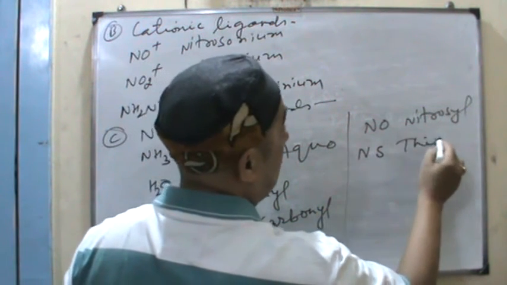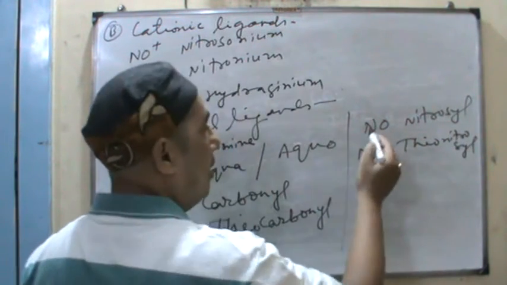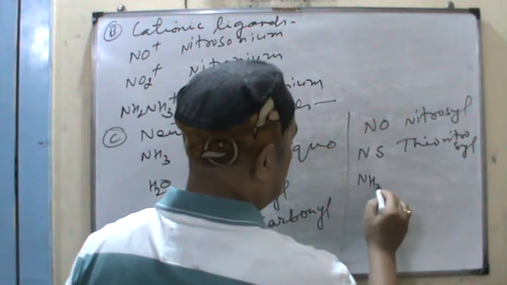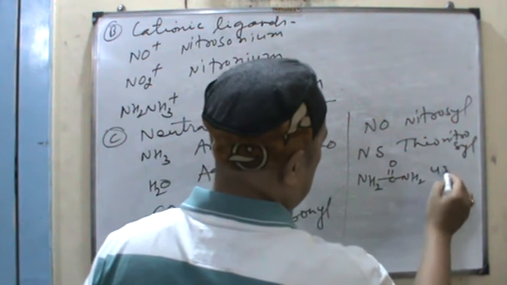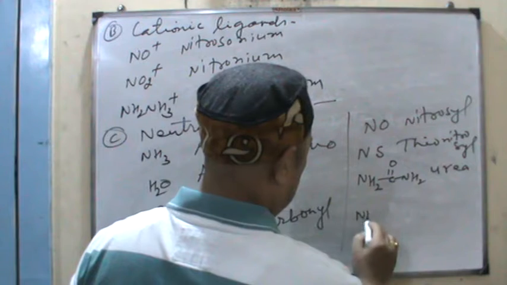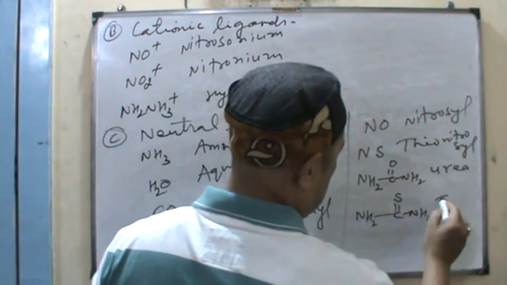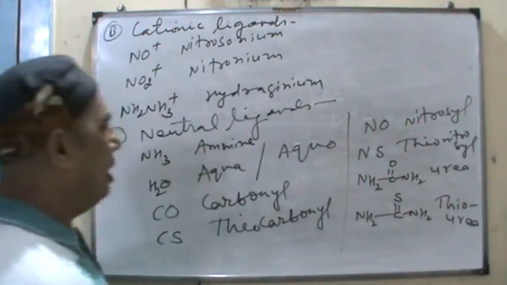NS, nitrosyl. And then you can say urea: NH2, C double bond O, NH2, urea. NH2, C double bond S, NH2, it is known as thiourea.